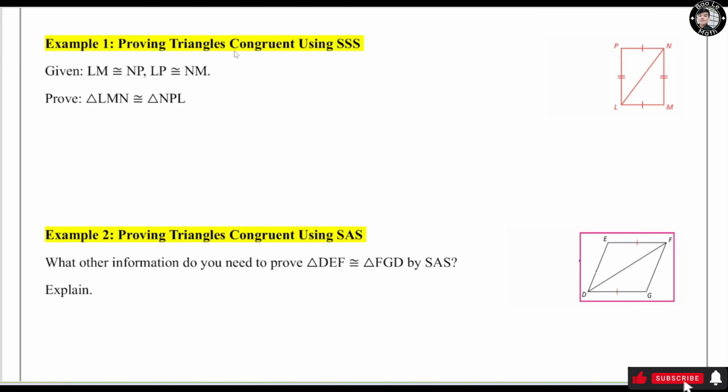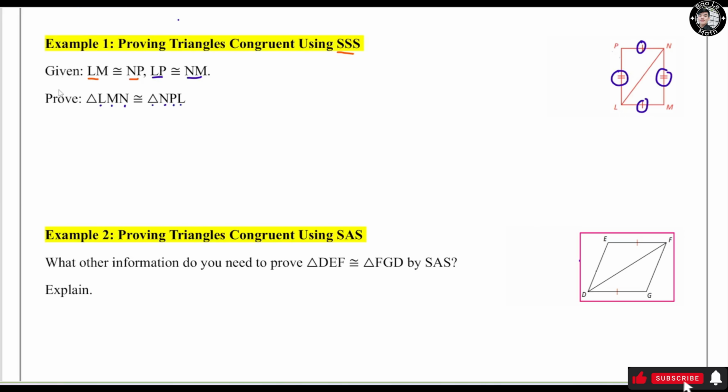We're going to prove triangles congruent using SSS. Now, given LM congruent to NP right here, LP congruent to NM, this guy right here. We need to prove triangle LMN congruent to triangle NPL, right?